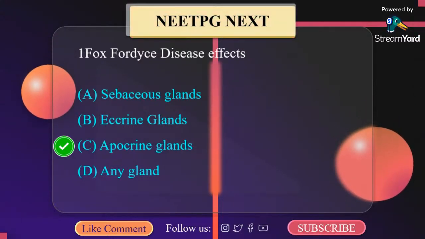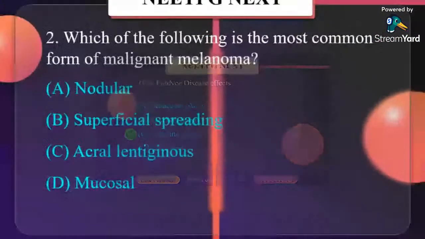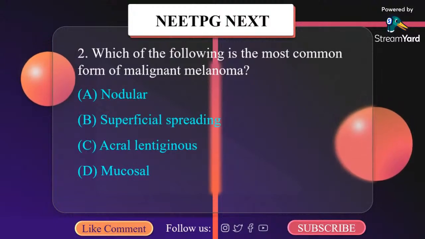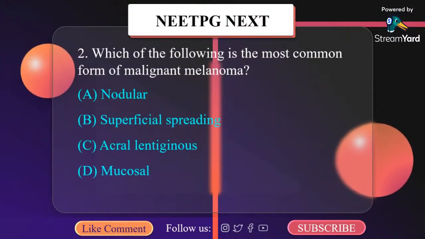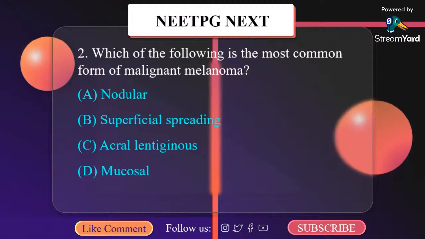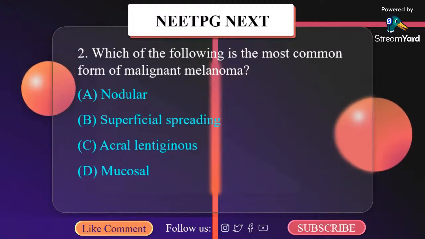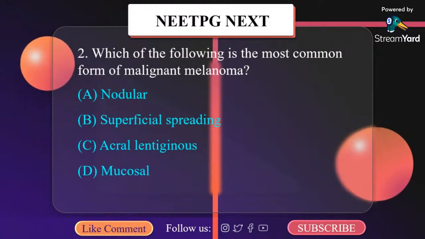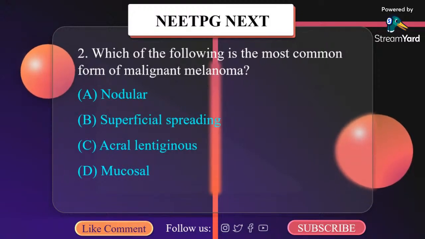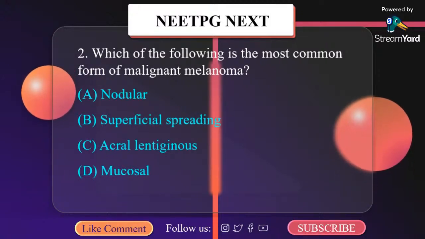Let us move on to the next question. Which of the following is the most common form of malignant melanoma? So let us know something about malignant melanoma. The commonest type of malignant melanoma is the superficial spreading type.